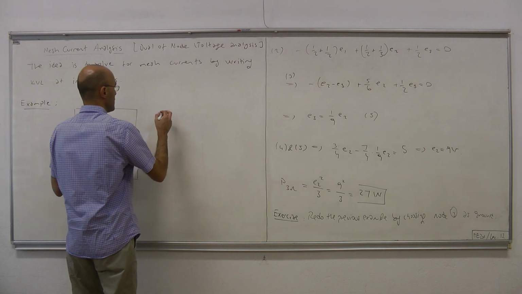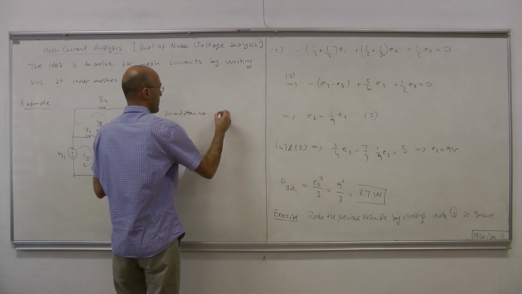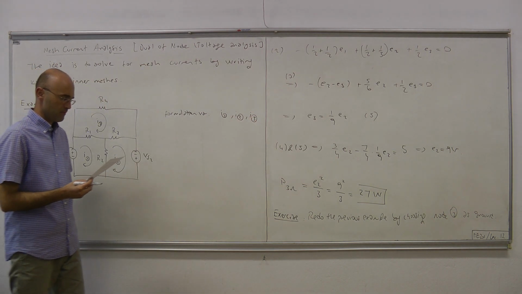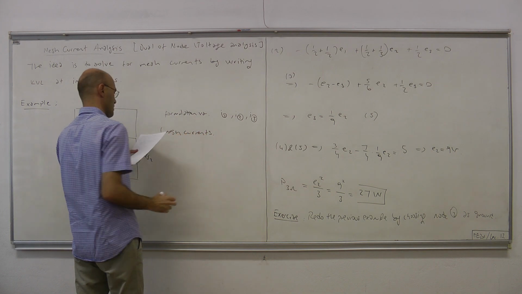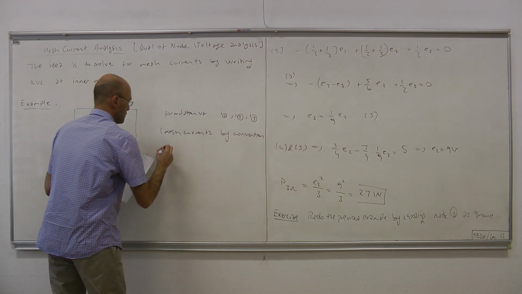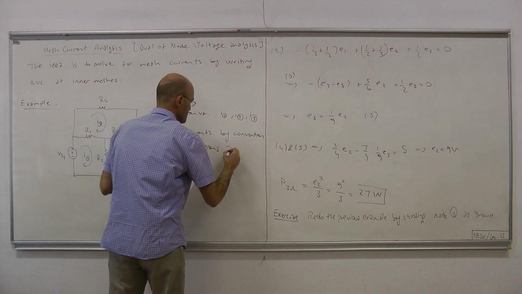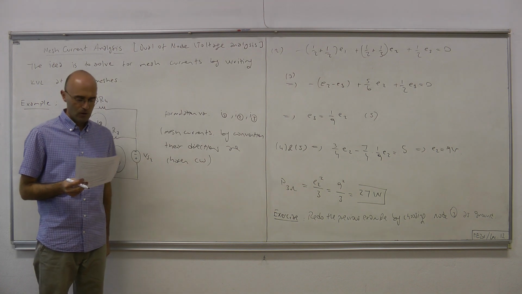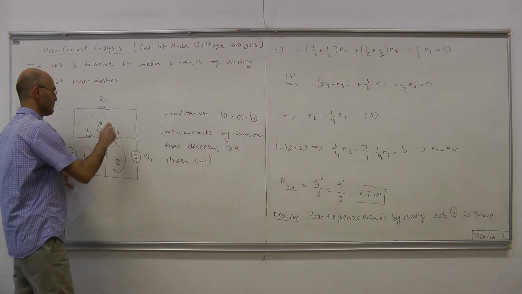So the formulation variables are I1, I2, and I3, 3 mesh currents.